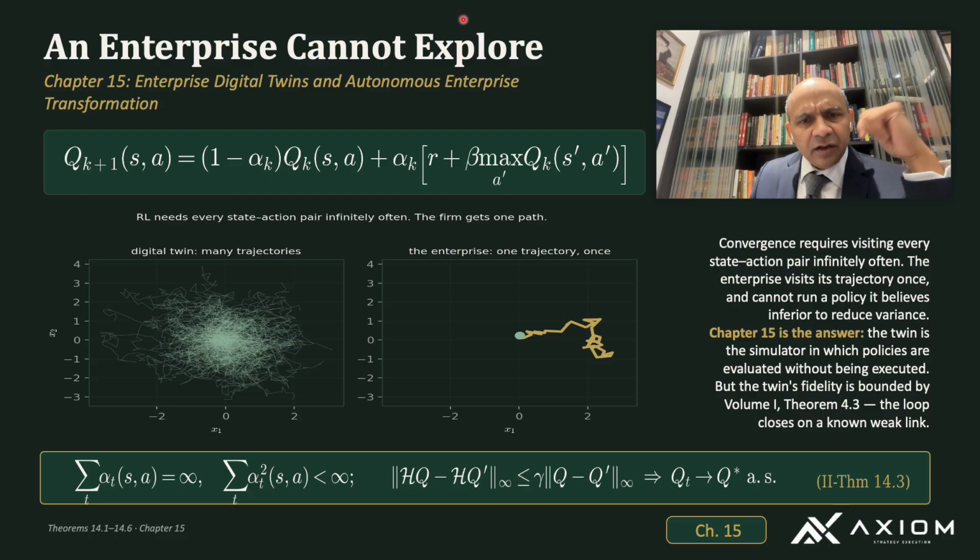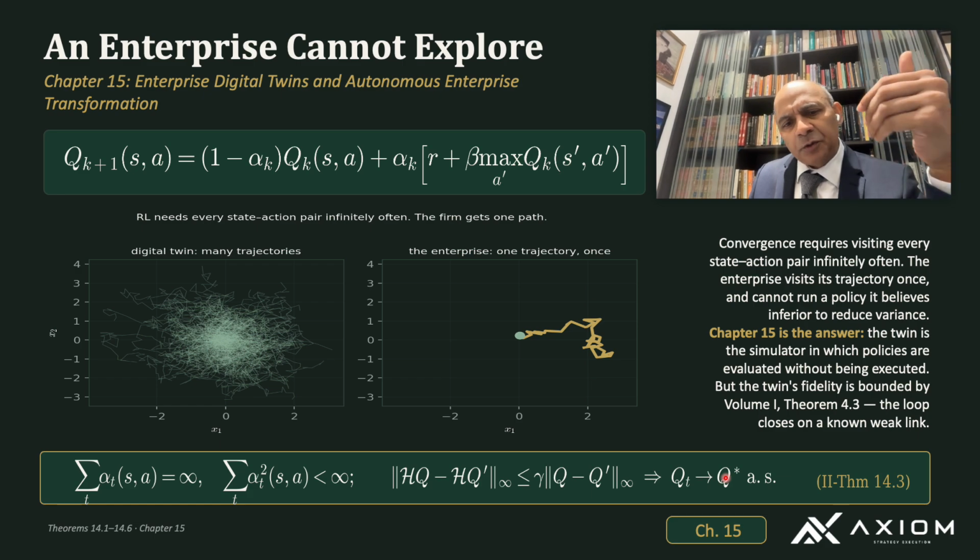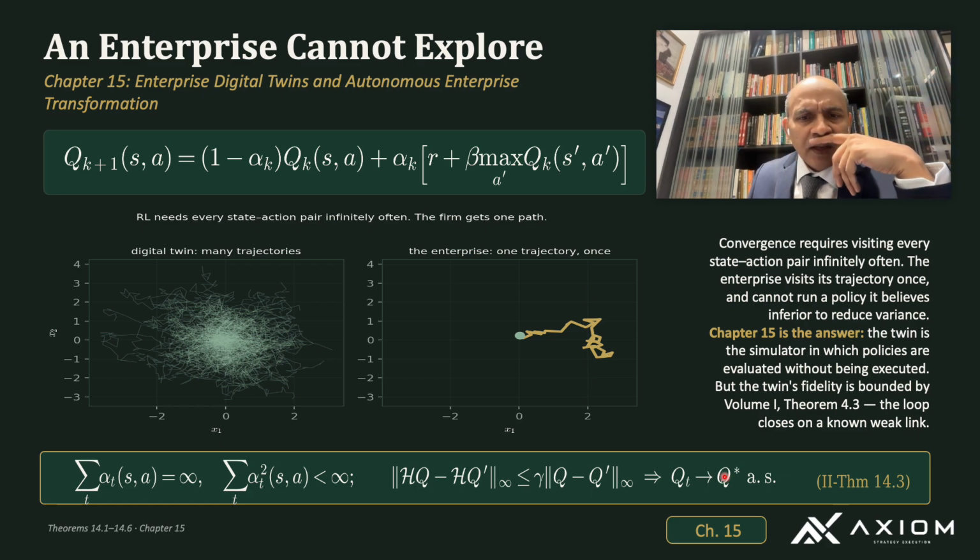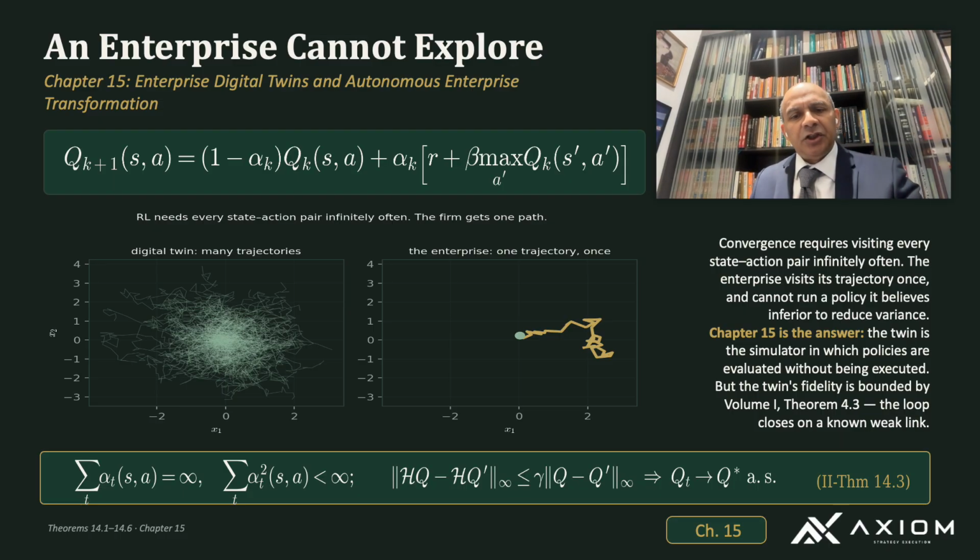And finally, Q-learning convergence: Q sub t converges to Q star almost surely. Under sufficient exploration and the learning rate conditions above, the estimated Q function converges to the optimal Q function Q star with probability 1. Persistent exploration plus diminishing learning rates and Bellman contraction make tabular Q-learning converge to the optimal decision values.